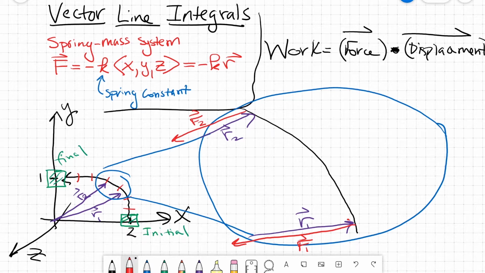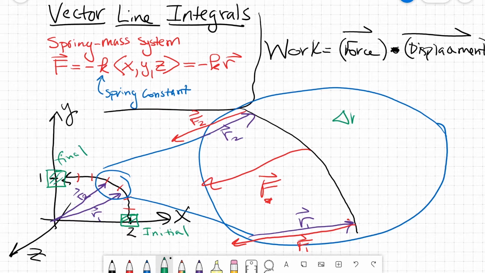Here the mass is being pulled straight back towards the origin, as we would expect from this type of force vector field. Now we've chopped up our trajectory into such small pieces that roughly the force at the beginning of the trajectory is the same as at the end of the trajectory. Let's just draw it as F coming out of the middle.